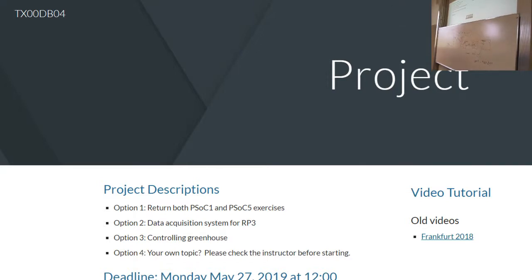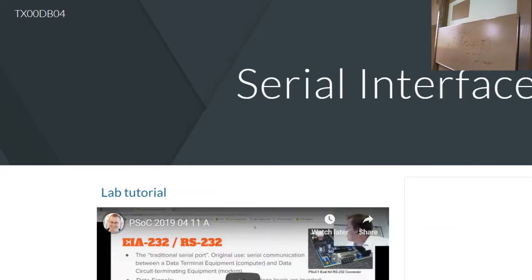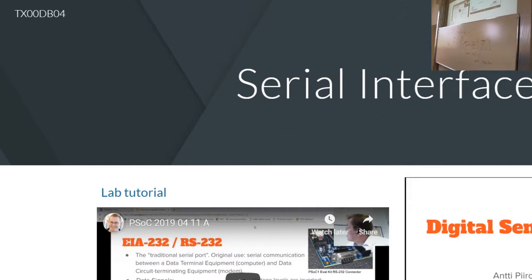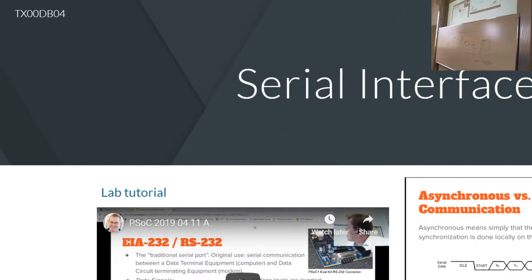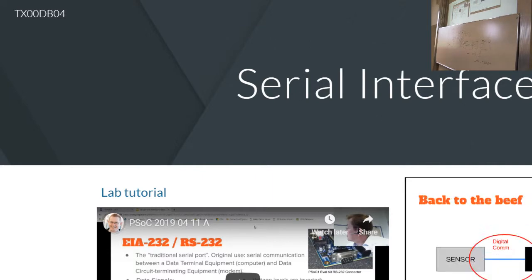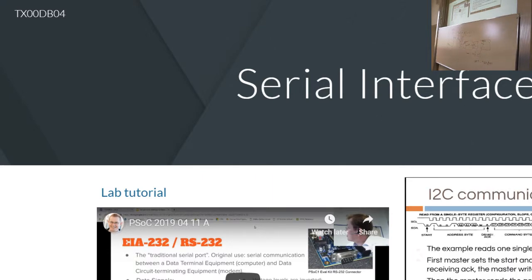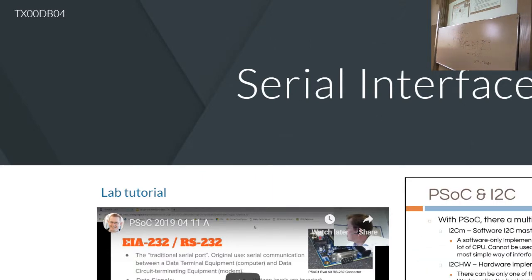Yesterday we went through some of the serial interfaces stuff and a bunch of the slides. The fourth exercise topic was about one wire and how to employ the UART.